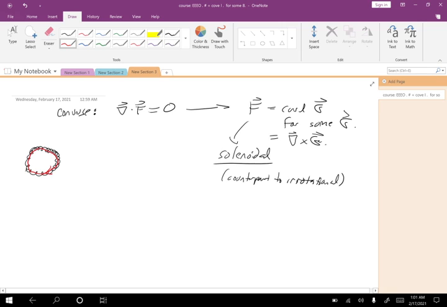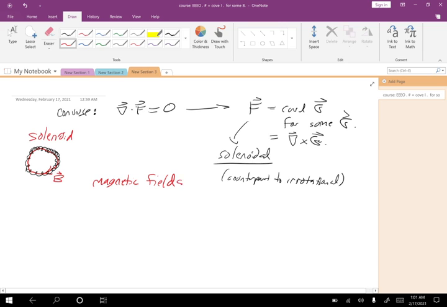I'm not going to explain what I just said, but you'll see it in physics. But the point is that if you have a solenoid and you put a current through it, you get a magnetic field going through this. And in fact, this thing in here is called a solenoid. That's where the name comes from.